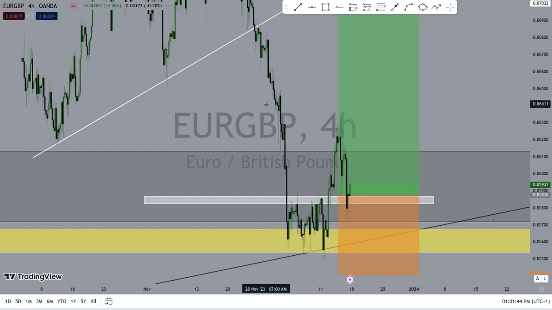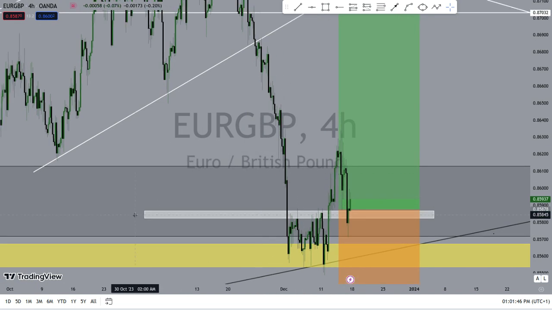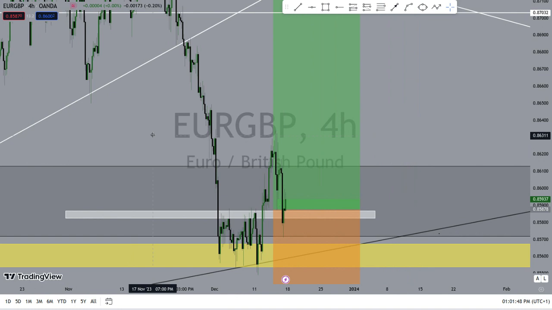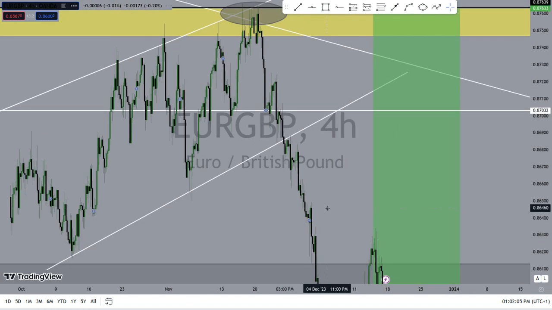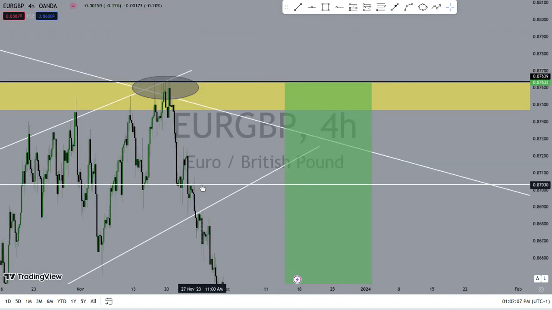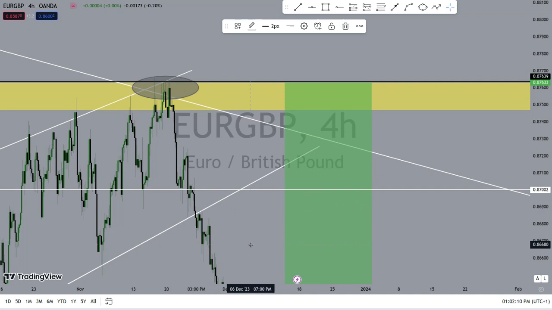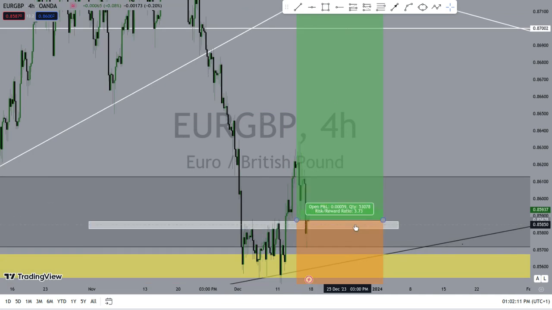Okay, you can see on the 4 hour time frame where we plotted this key level, and I said if the market breaks and retests this level, we should be looking for buying pressure because the market is bullish, as we have said, and we're looking to take our first TP around this level.